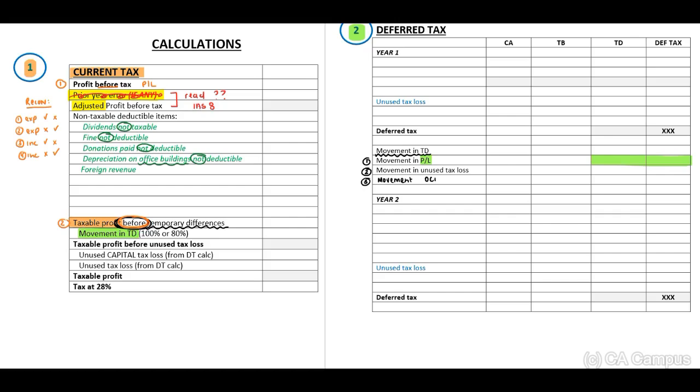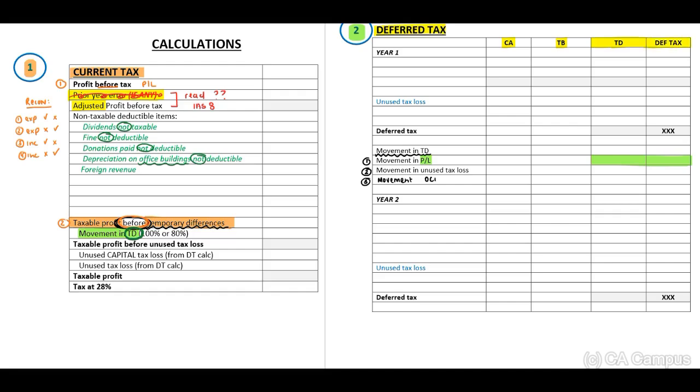looking at our taxable profit before temporary differences and then the movement in our temporary difference. When you look at our deferred tax calculation, we have columns at the top: our carrying amount, our tax base, our temporary difference column, and our deferred tax column.